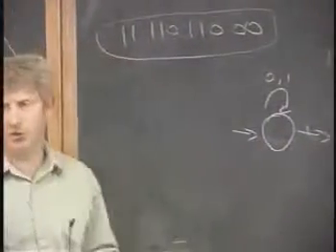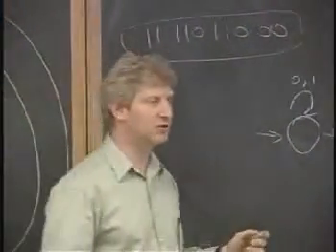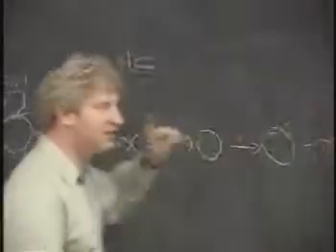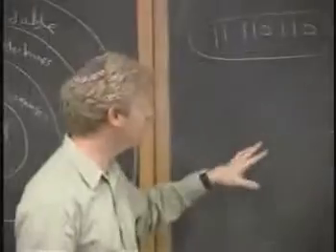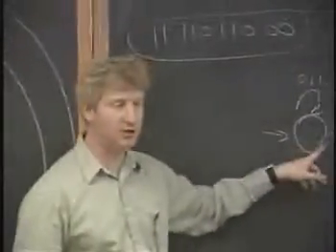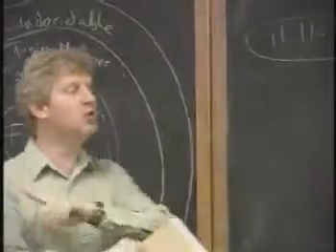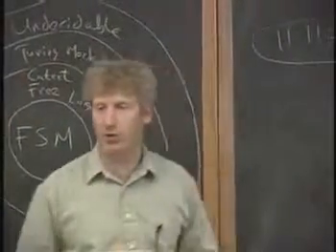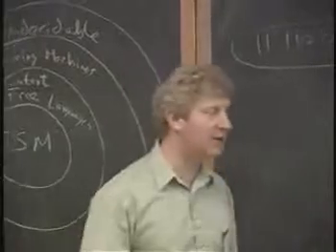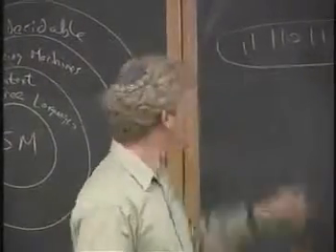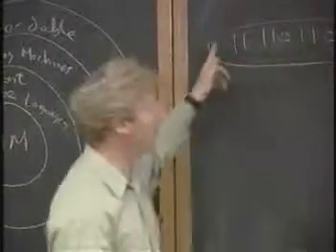If none of them get you to a final state, then you reject the string. So the definition of accepting a string in these strange machines is this: if there exists some set of choices through this machine that gets you to a final state, say yes. If there is no set of choices, no matter which you choose, that ever gets you to a final state, then say no. So should we or should we not accept this string?